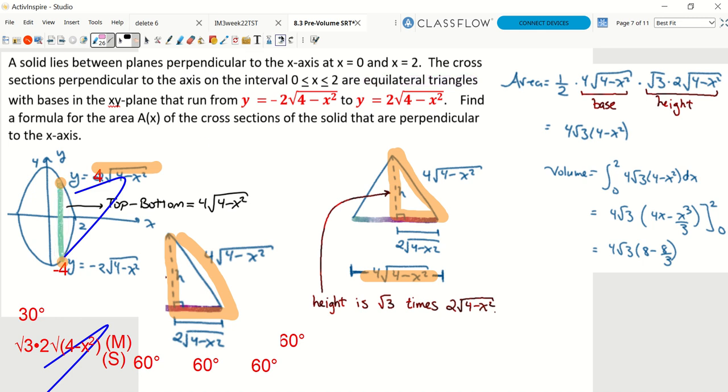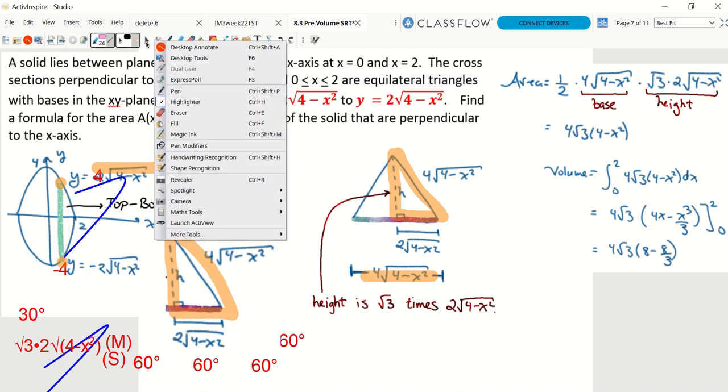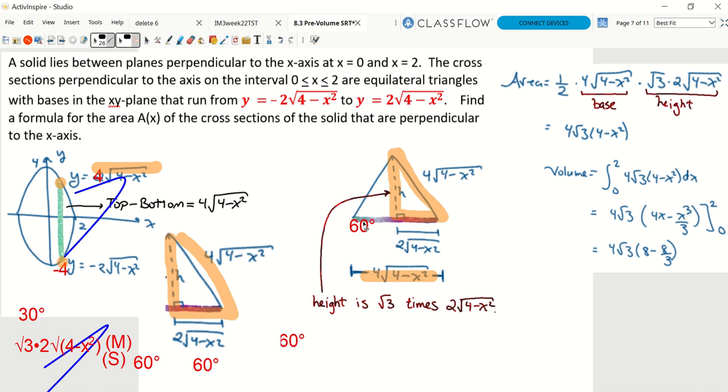Now, we have 60, 60, 60, but when I crop out this triangle, I get a 60 here, but what's the top going to be? 30, exactly. And do you guys understand that if this is the full base, that's half the base of half the triangle?